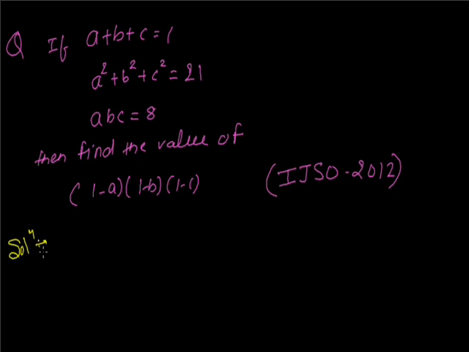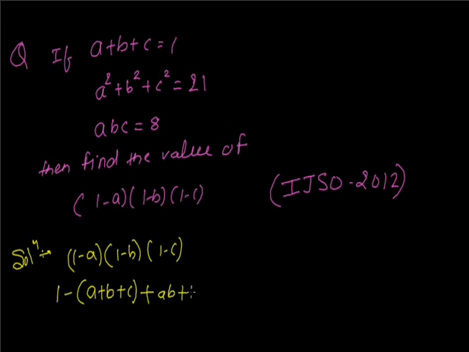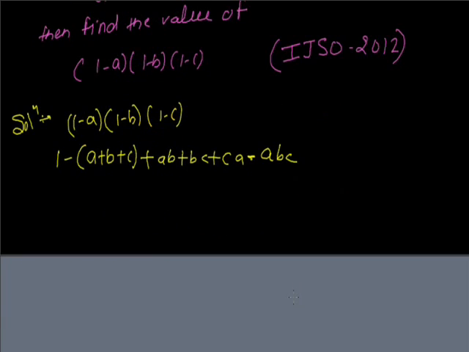The solution: 1 minus a into 1 minus b into 1 minus c. When we multiply these terms we get 1 minus a plus b plus c plus ab plus bc plus ca minus abc. Now put the values: 1 minus 1 plus ab plus bc plus ca minus 8.